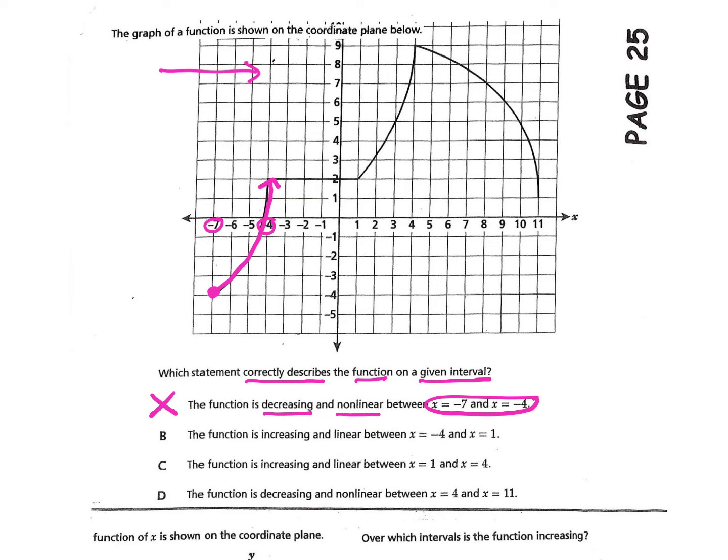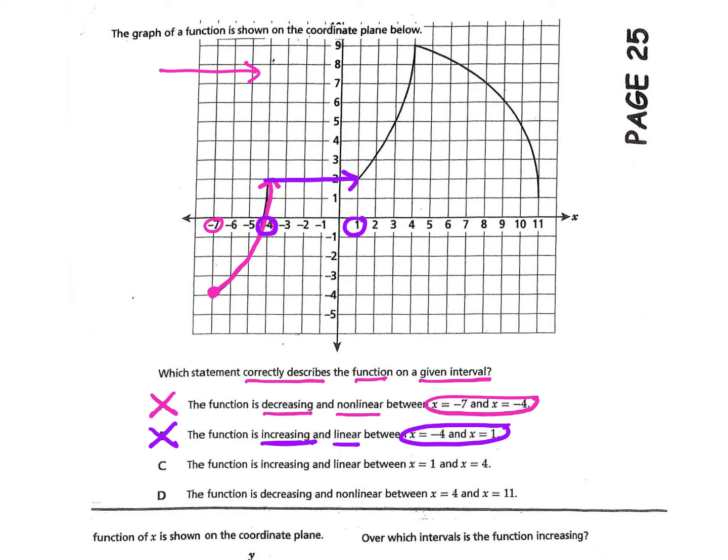For letter B, is it increasing and linear between -4 and 1? Well, here's -4 and here's +1. As you go from left to right, that stays the same. So that can't be true. It's not increasing.